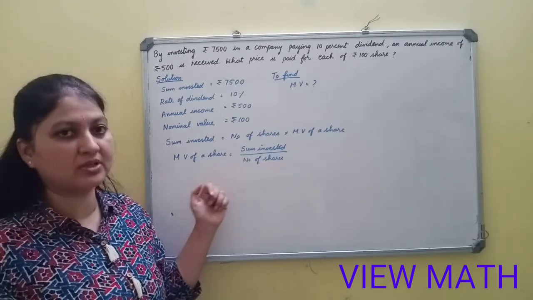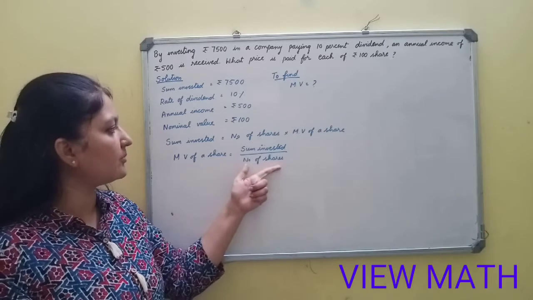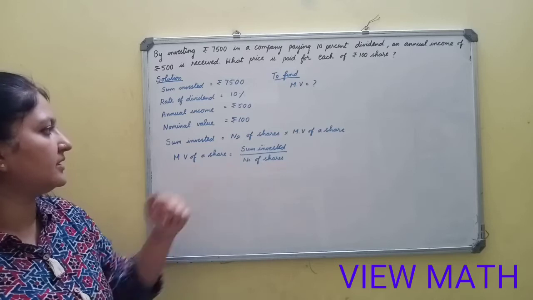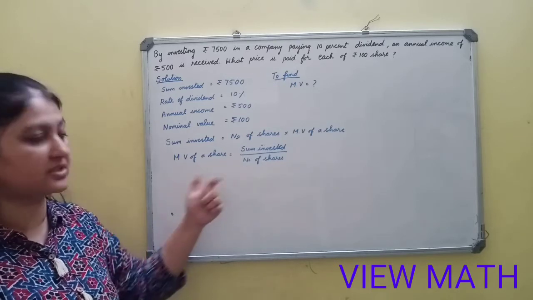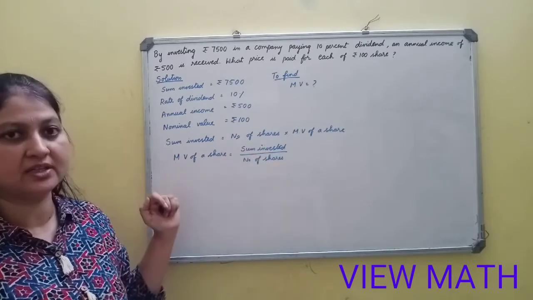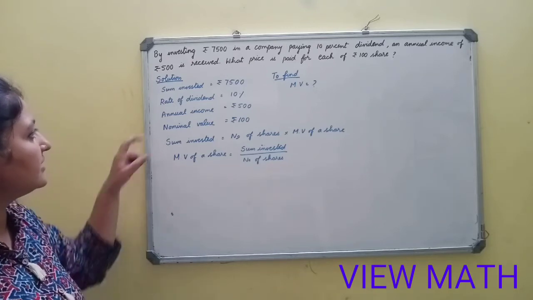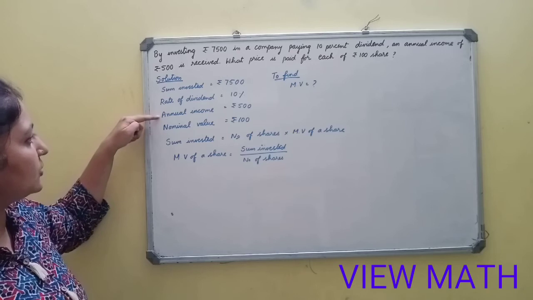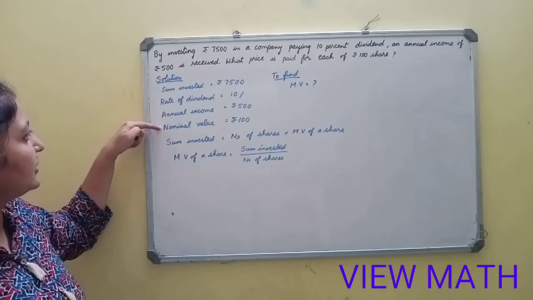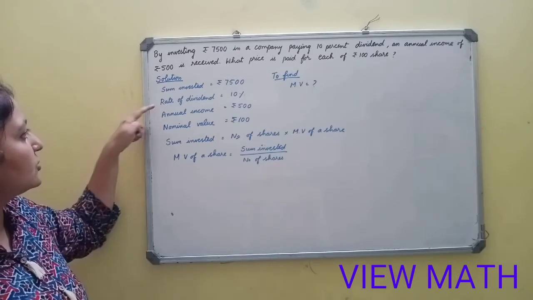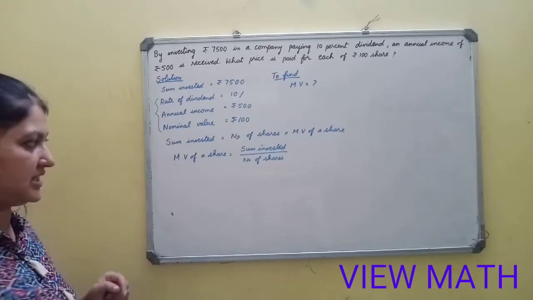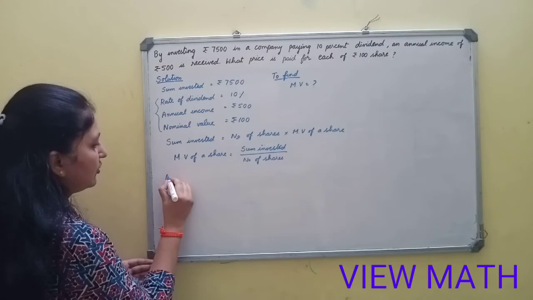I have to find out number of shares. There are two formulas given in the book. Number of shares is equal to sum invested by market value, or total dividend by dividend. But here we have to see what is given in the question. Here we know annual income, nominal value, and rate of dividend. So using these three things, we can find the number of shares using the annual income formula.